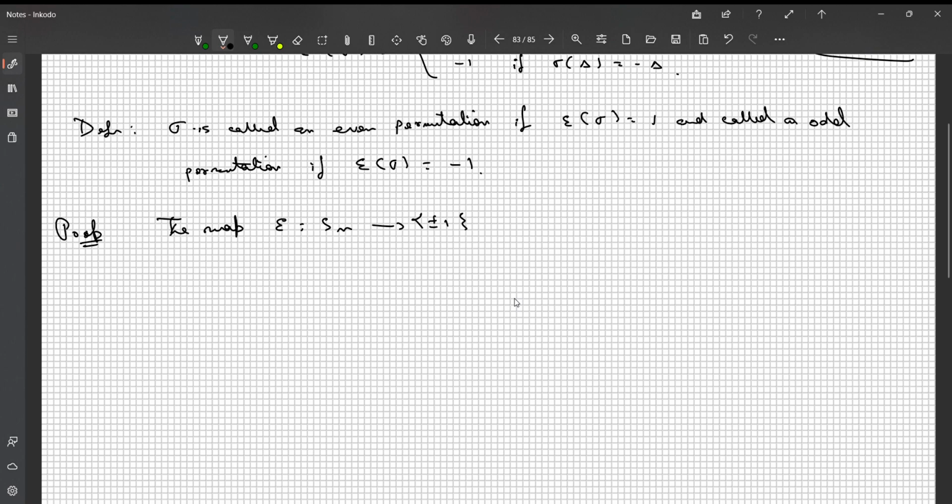So proposition: the map epsilon from Sn to the set plus minus 1 is a homomorphism. Okay, and plus minus 1 typically is the multiplicative form of the additive cyclic group Z2. Clear?